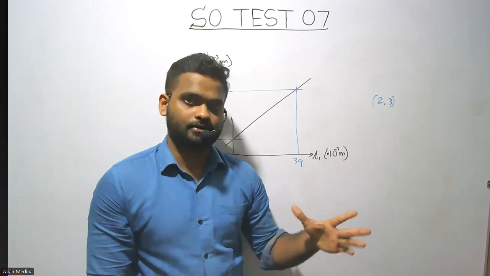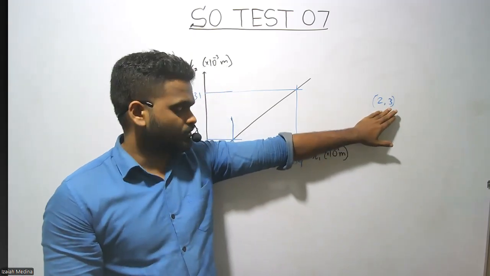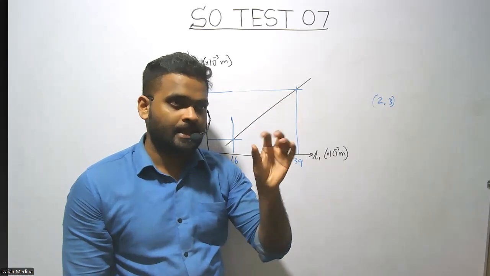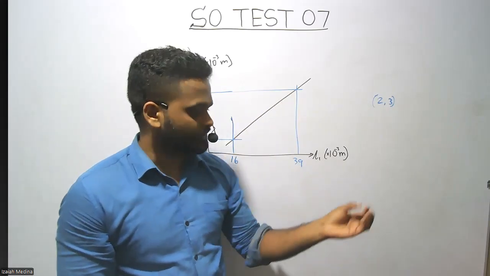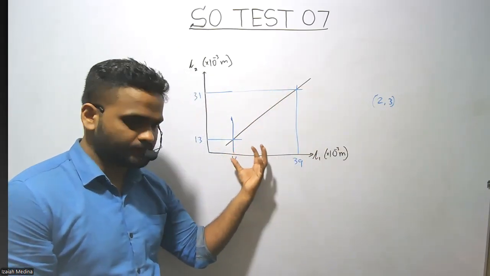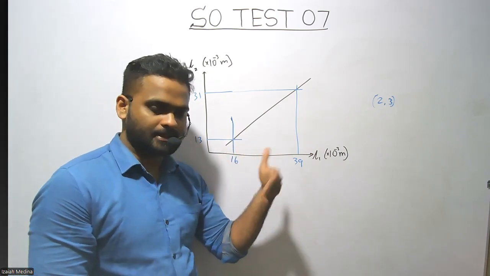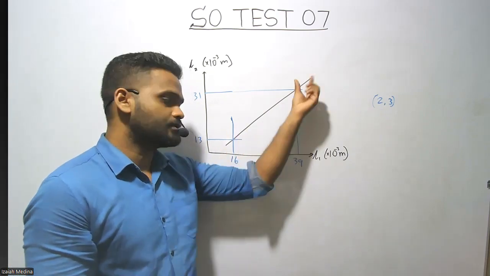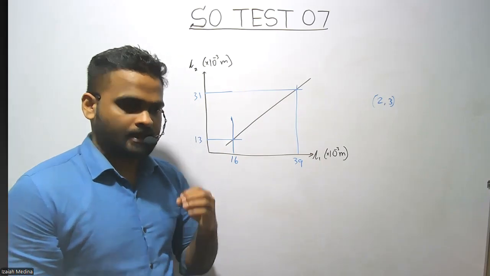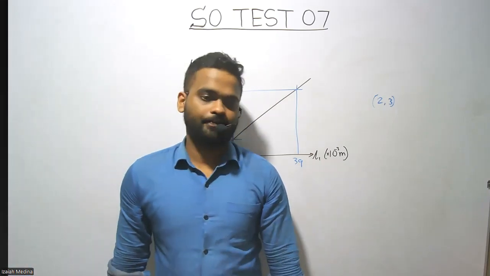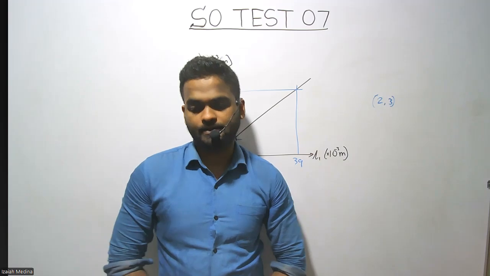You can take values using just one coordinate, but it is less accurate. So that's why we draw graphs by doing the same experiment multiple times to get these coordinates. That's the reason why we need graphs when it comes to experiments.